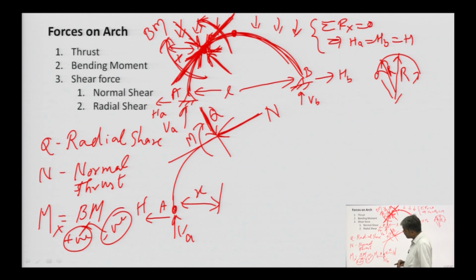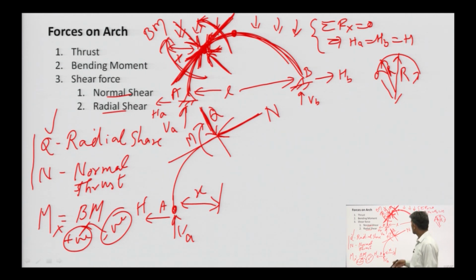So we have to find the maximum values of bending moment, and at the point of maximum bending, the values of these two forces, so that our member is sufficiently strong to carry that type of load. So, bending moment, normal shear, radial shear: these can be the forces. How will these forces be determined?